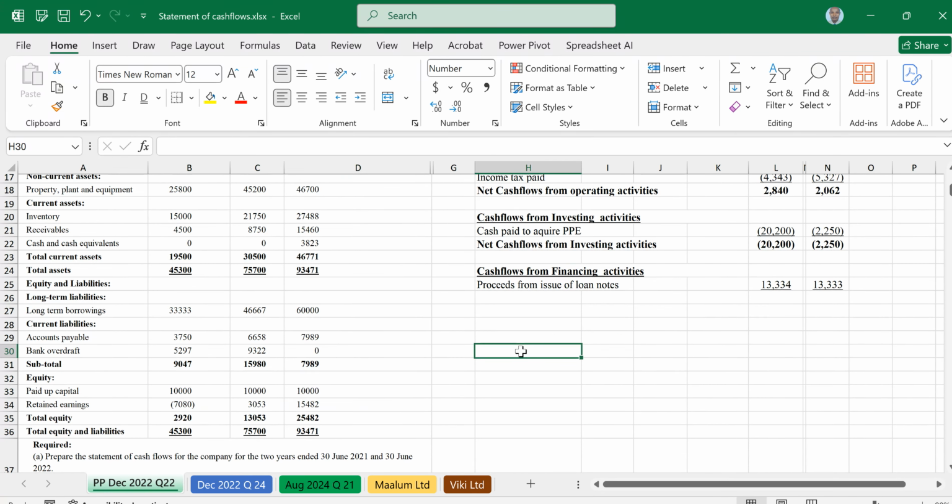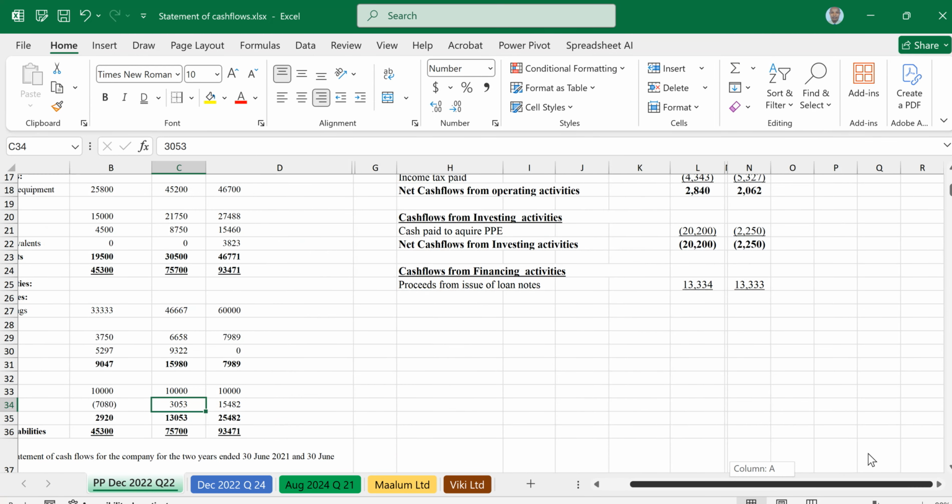If you want to know, this is retained earnings carried down, then this is retained earnings brought down. We want to see if that could be the same. Now these are negative. I think we'll need to draw some account to confirm that properly.